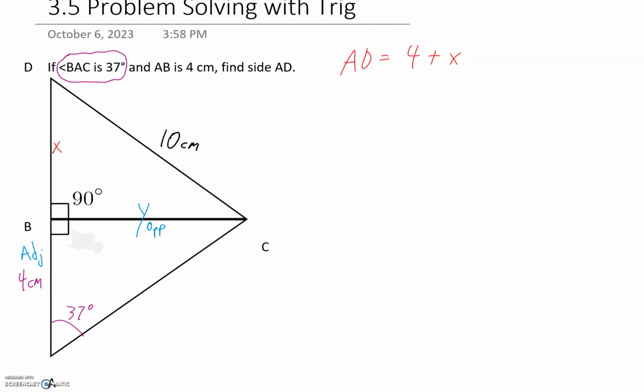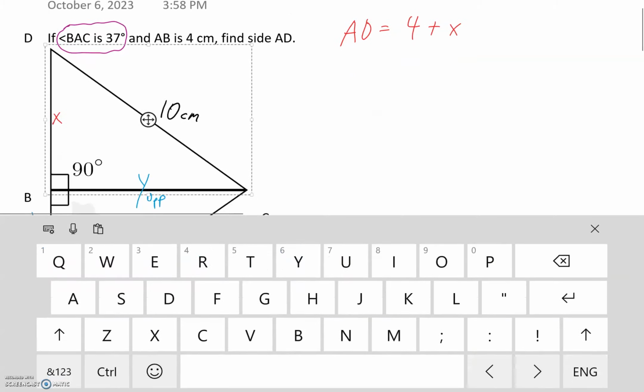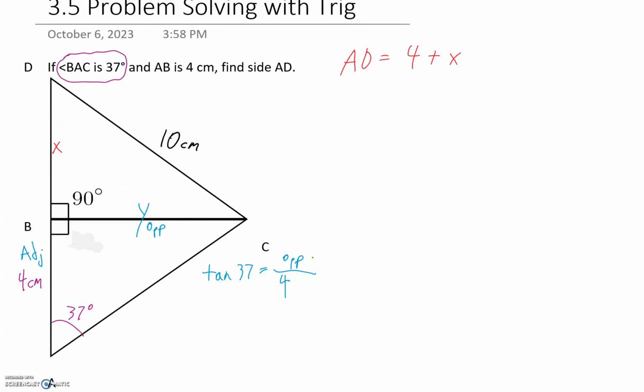So tan of the angle equals opposite over adjacent, which is 4 centimeters. So now we can go through the process of opposite operations to solve for the opposite side. So 4 times tan 37 equals opposite, which is what we're looking for.